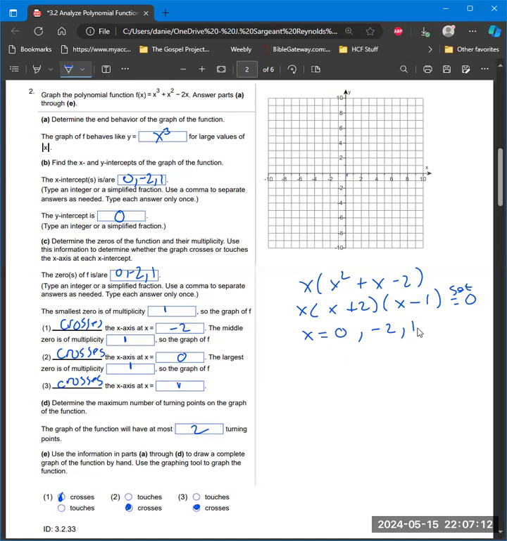Let's get my zeros on here: 0, -2, and 1. It's going to rise to the right and fall to the left. It's going to be falling, and then it's going to come up here a little bit and turn, and then come back down a little bit and turn, and head right on back up.